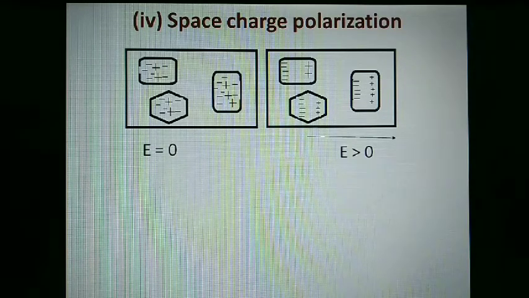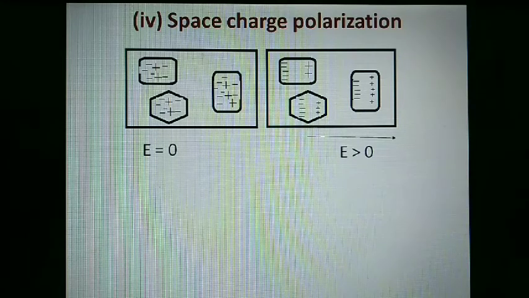They arrange randomly in absence of electric field. When a field is applied, positive charges move towards the boundaries lying on negative potential region and vice versa. Such a polarization within the localized small regions is known as space charge polarization.